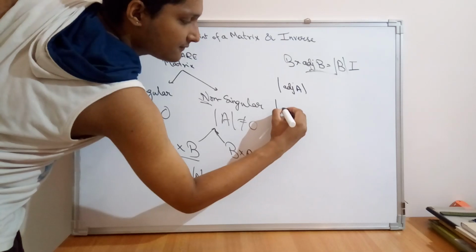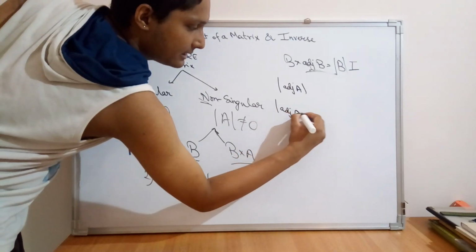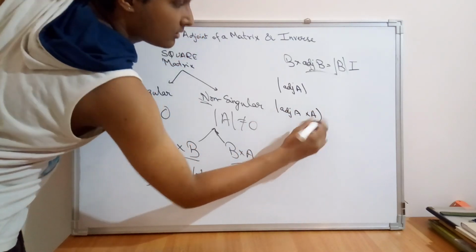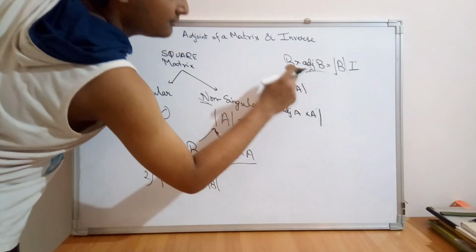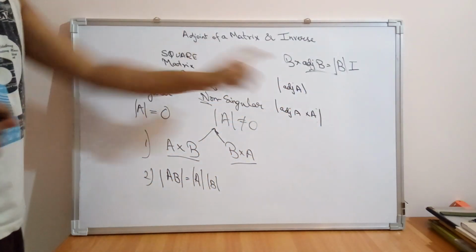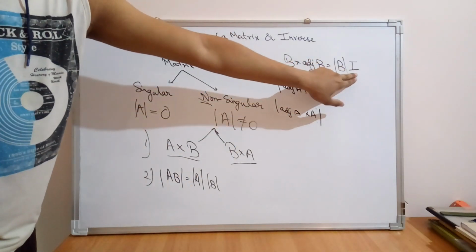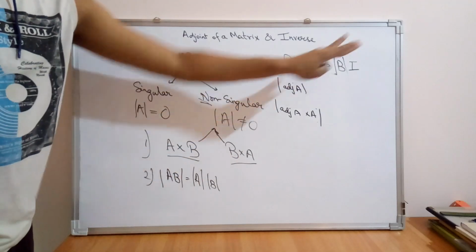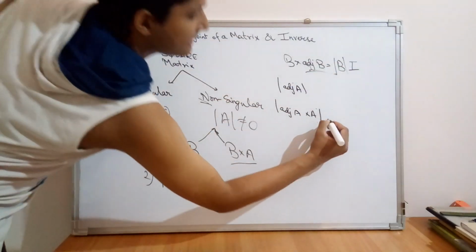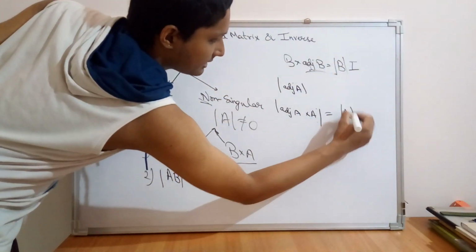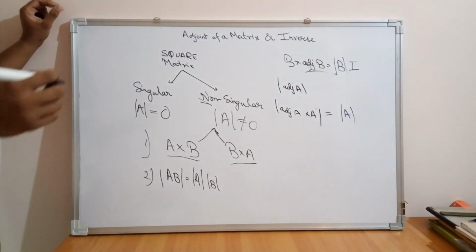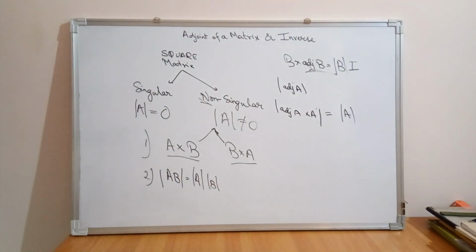So first of all, we find adjoint A into A. From this we found out that the product is going to be I into this. If I consider the determinant of I, it is going to be 1, therefore I can just exclude that, and it is going to be the determinant of A. Okay, that's all we got here.